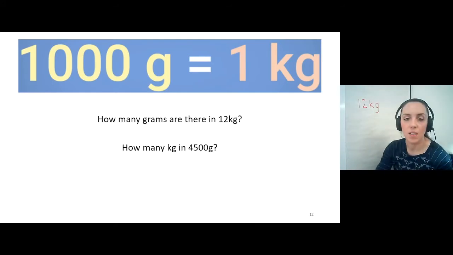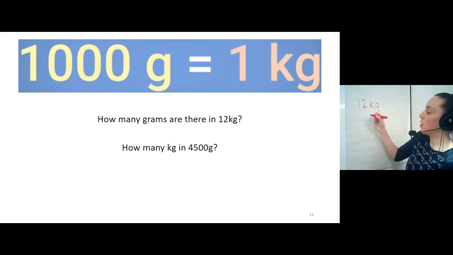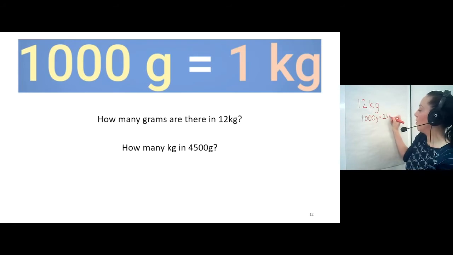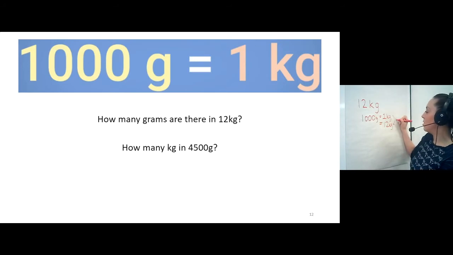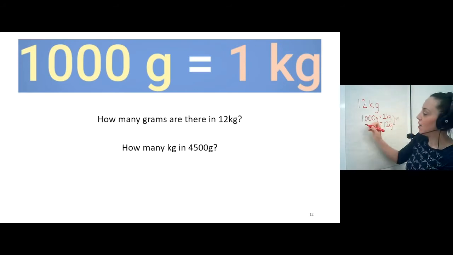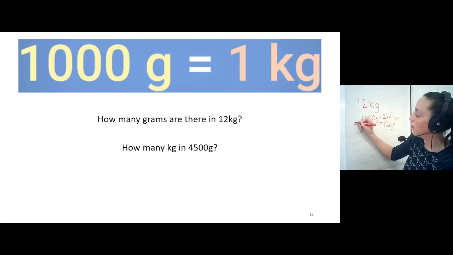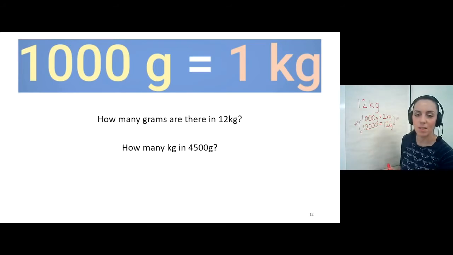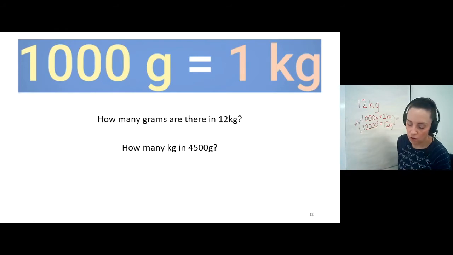But again, if you're not sure, we can always do our conversion. If there's 1,000 grams in 1 kilogram, and we've got 12 kilograms, we've increased our kilograms by 12-fold. So we increase our grams by the same amount to end up with 12,000 grams. Okay. How many kilograms in 4,500 grams?